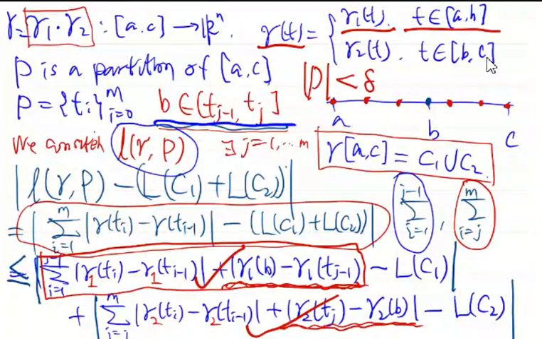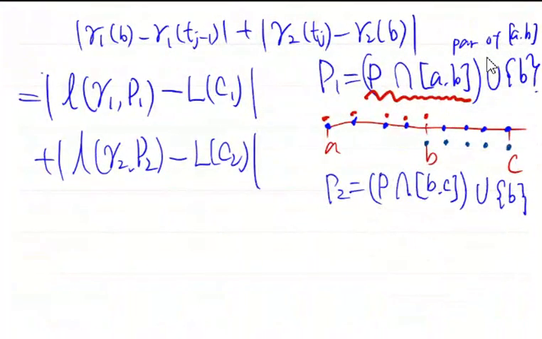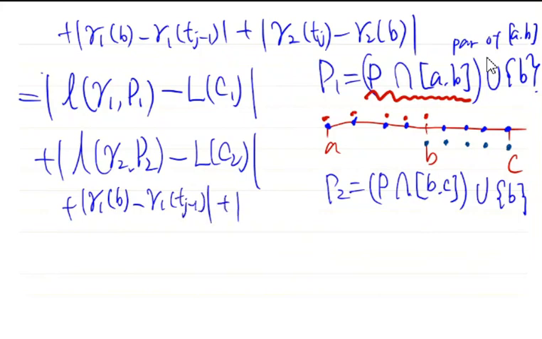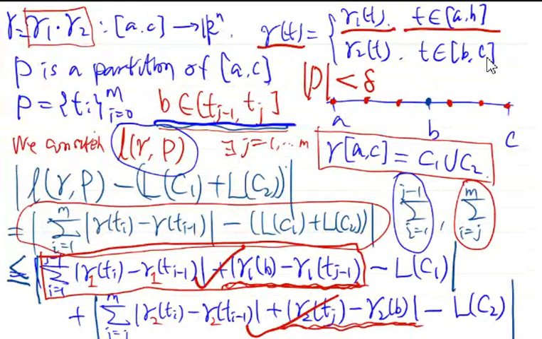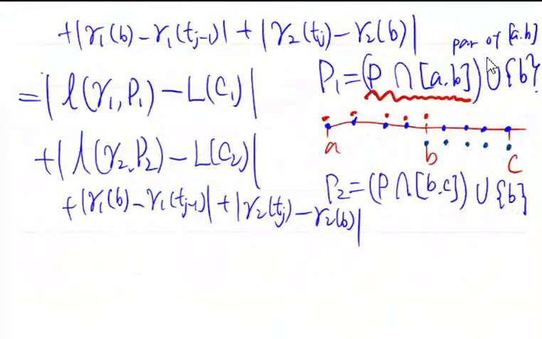Now we copy the term we need, which we added in the previous estimate. So the length of the inscribed polygonal of our curve gamma with respect to the partition P, subtracting L(C1) plus L(C2), the absolute value will not be greater than the sum of these three parts.